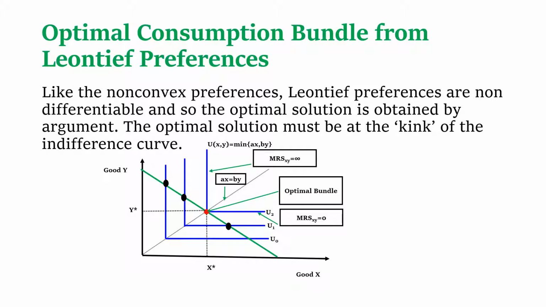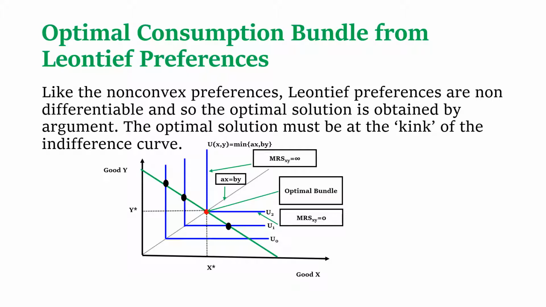So now let's look at the budget line. The budget line is tangential to that point at the kink of that L-shaped indifference curve, in other words, at the corner. So at that point, we have the optimal consumption bundle for each of the goods.